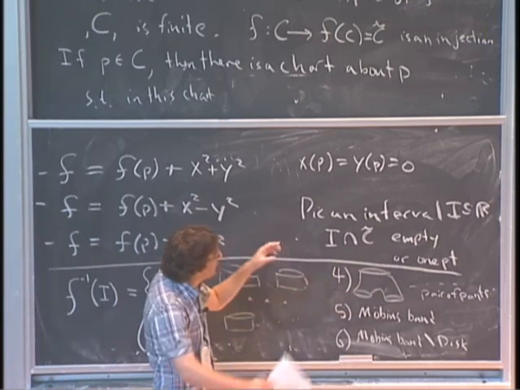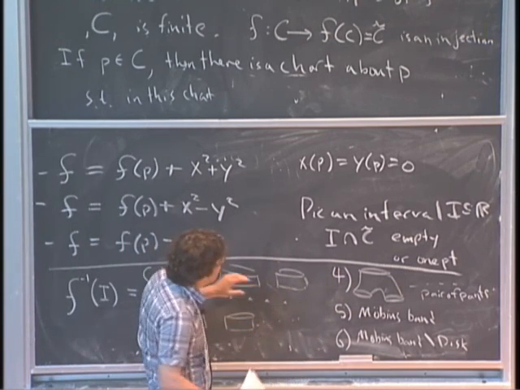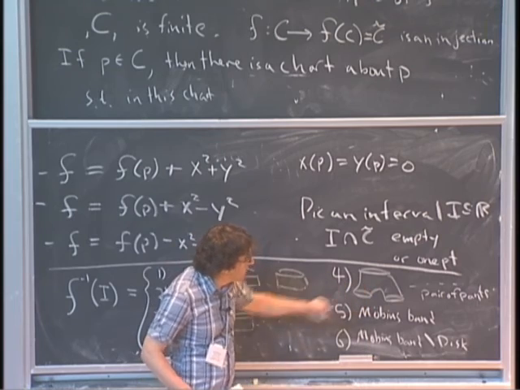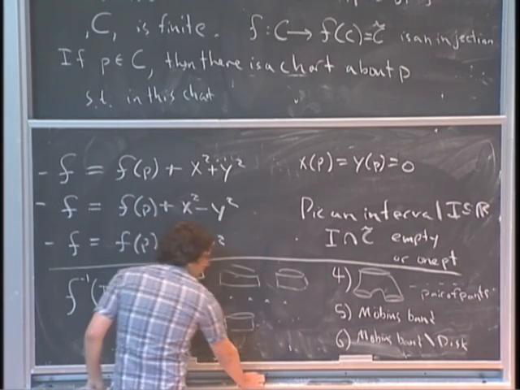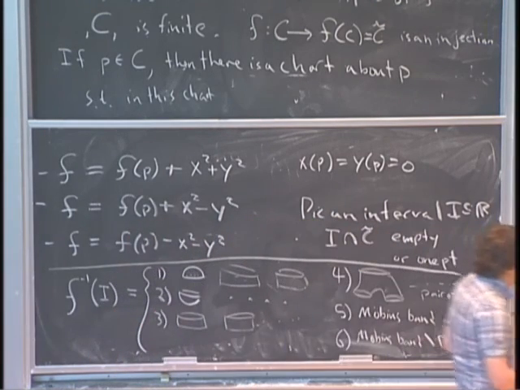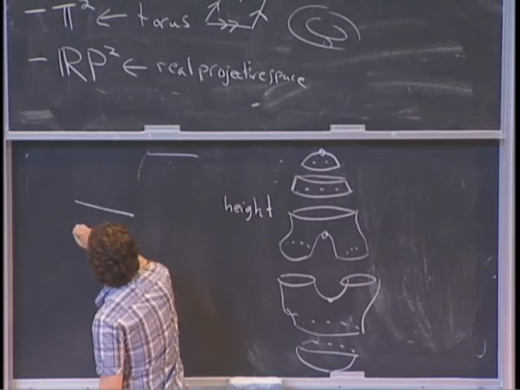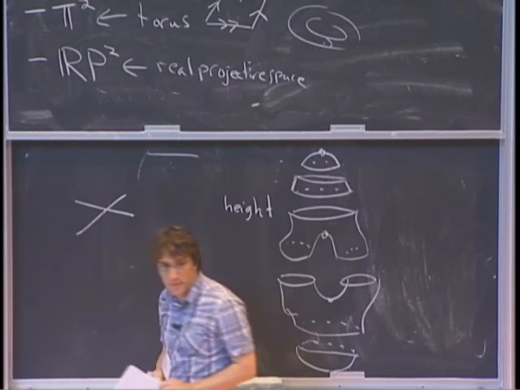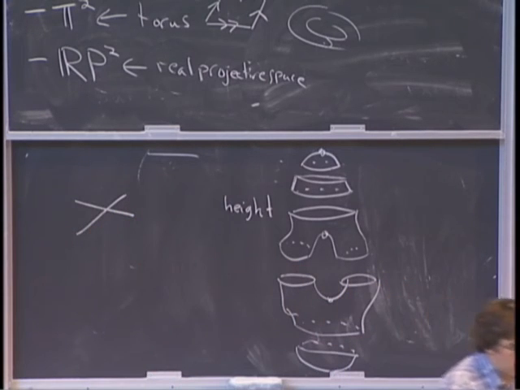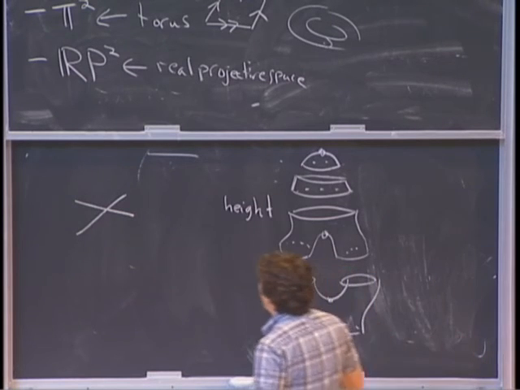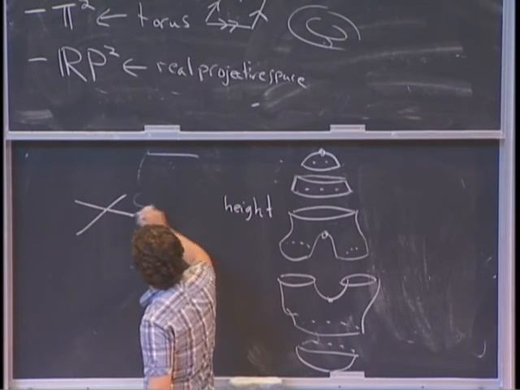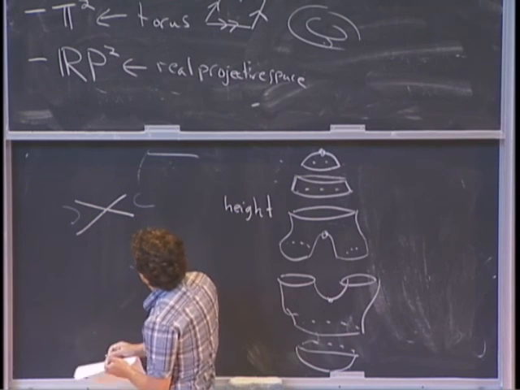And then in the fourth case, you have a kind of saddle type point. What's basically happening is you have this sort of saddle point. You can think of it as sort of the upper level set, and then the lower level set.